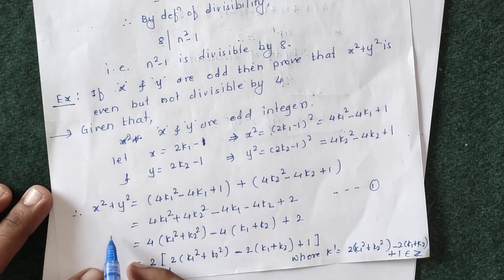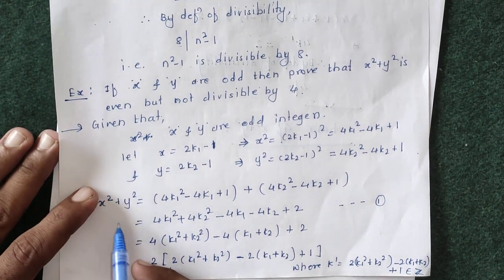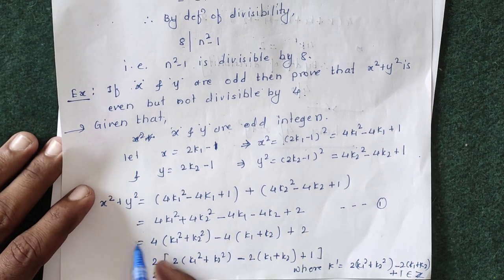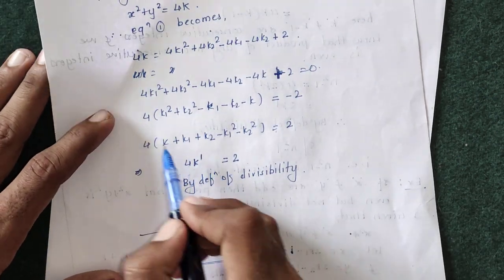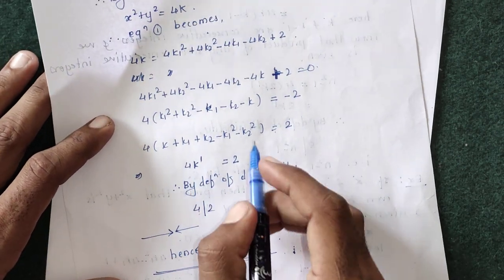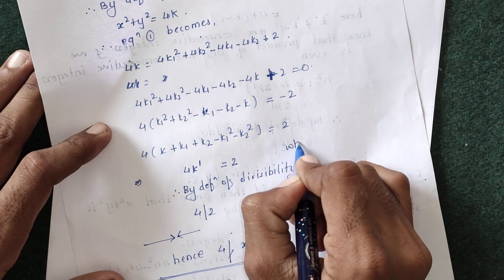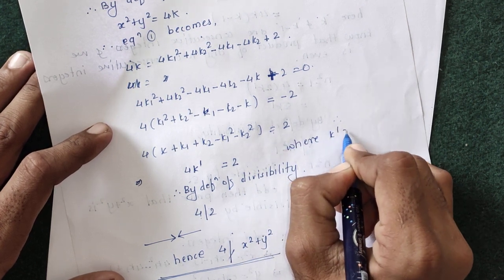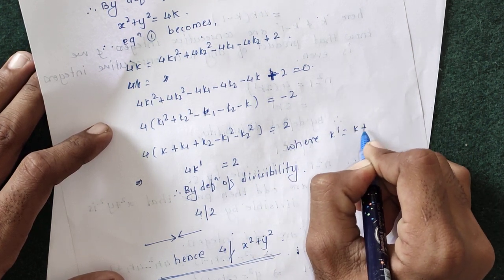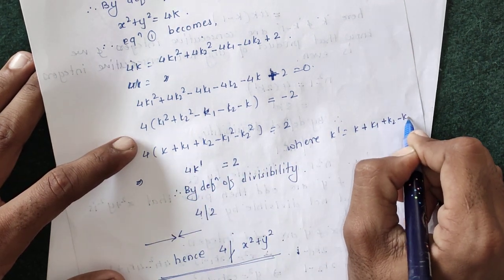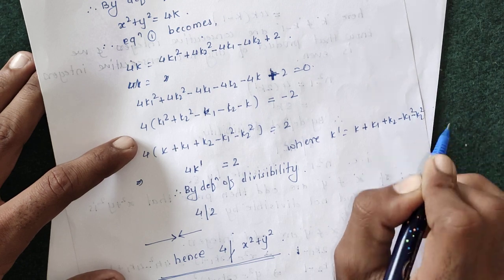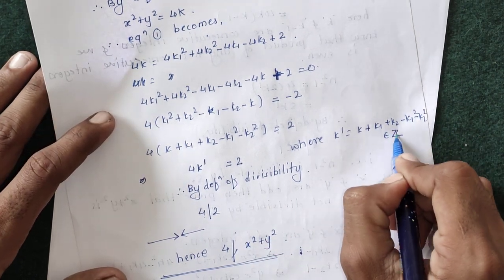Putting x square plus y square equal to 4k and taking 4 common, we get 4k prime is equal to 2, where k prime is equal to k plus k1 plus k2 minus k1 square minus k2 square, which is again an integer.